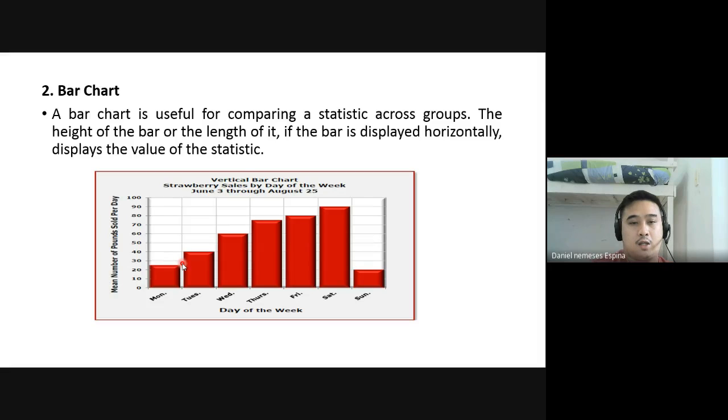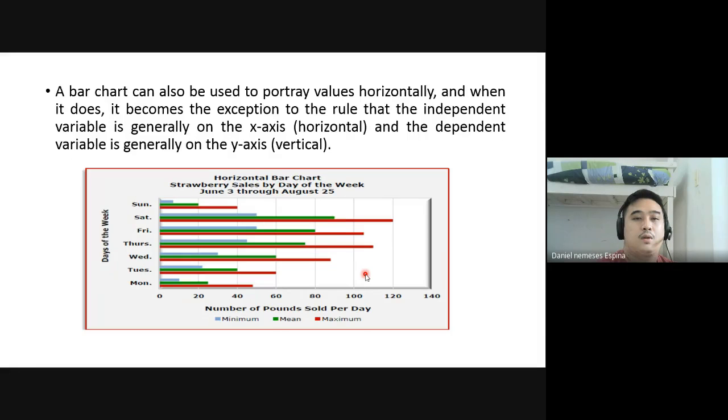Okay, so same with the scatter graph and the dot plot, there's an increasing trend from Monday to Saturday. Sunday is the day nga gamay sila og sales. So this is the chart for the horizontal bar. So pwede pa vertical, pwede pa horizontal.